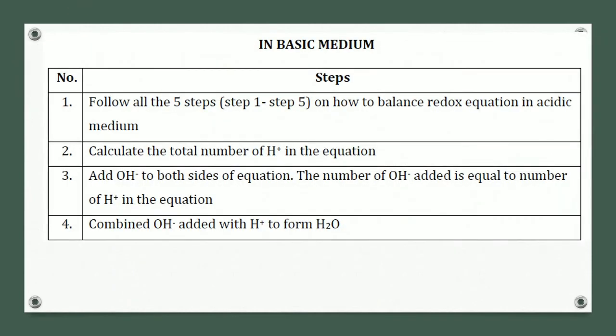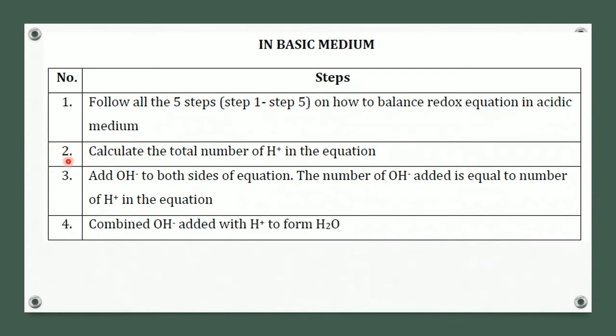Okay, so sometimes the question will ask you to balance the redox reaction in basic medium. So for basic medium, we will follow all the steps from 1 to 5 on how we balance the redox reaction in acidic medium. So the steps from 1 to 5 are similar to how we balance in acidic medium, but for basic medium, we need to add 3 more steps, which are 2, 3, and 4.